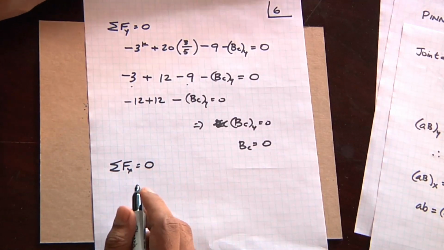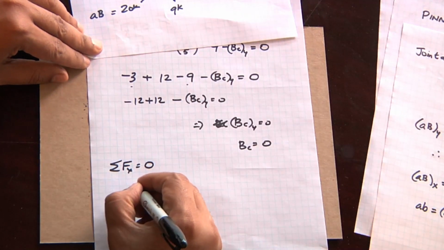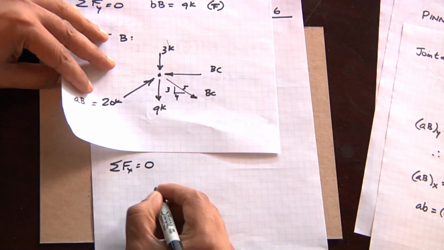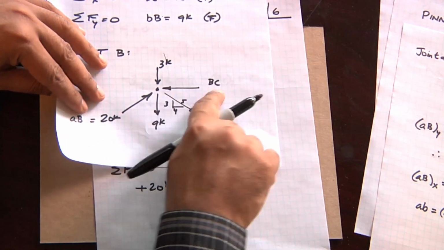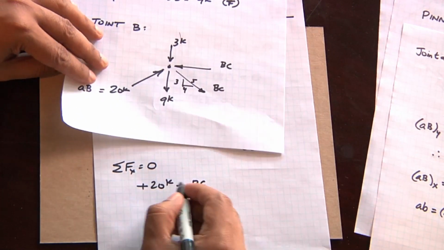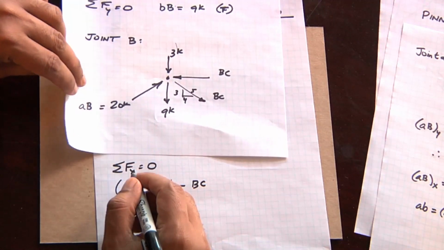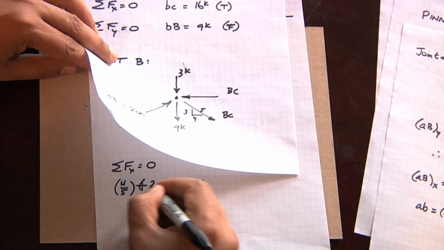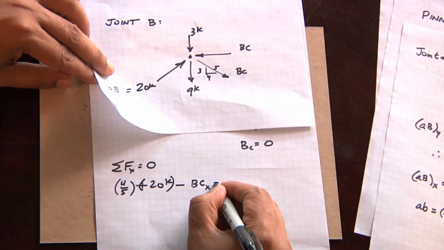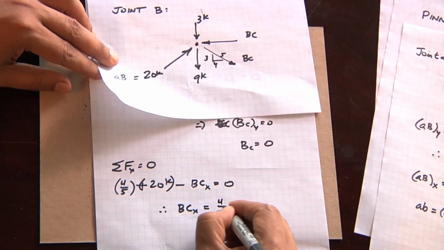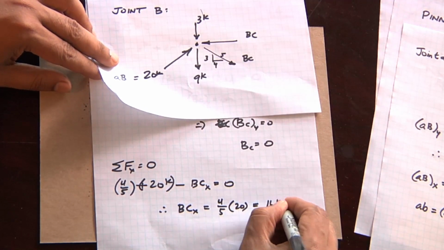Sum the forces in the x direction, with to the right being positive. The 9 and the 3 don't enter into play. We have plus 20 kips, and we have BC going in the opposite direction. So we have plus 20 times the ratio using the triangle, which will be 4/5, minus BCX equal to 0, which tells us that the BC x component is going to be 4/5 times 20, which is 16 kips in compression.